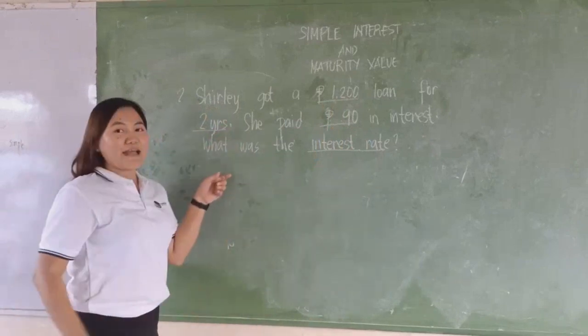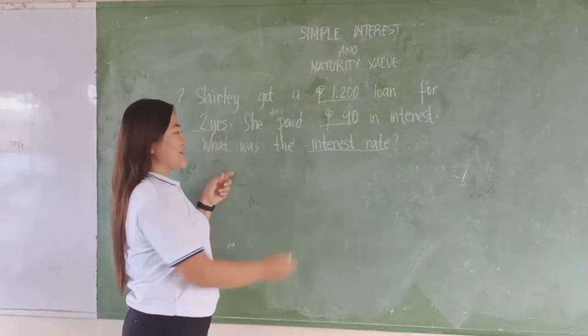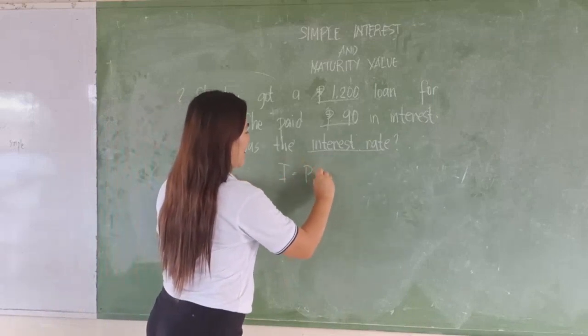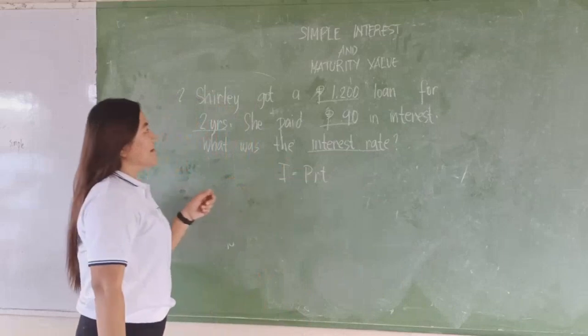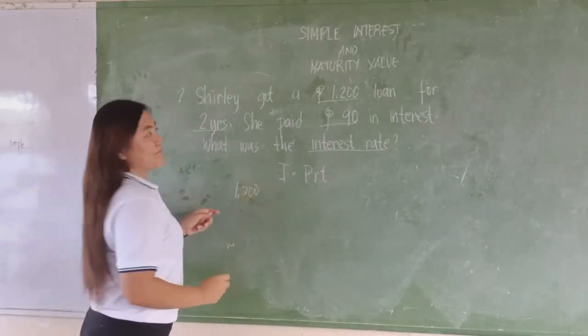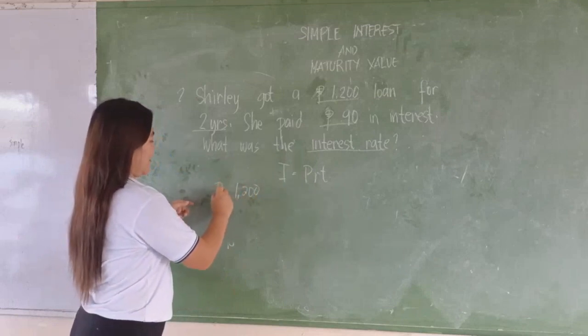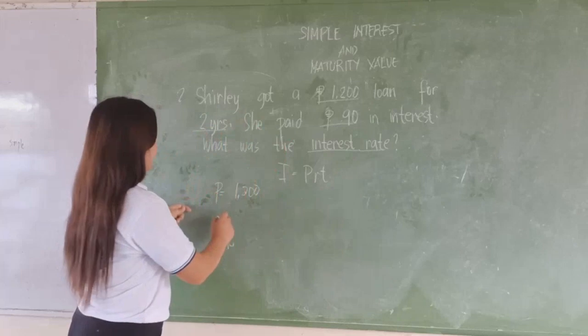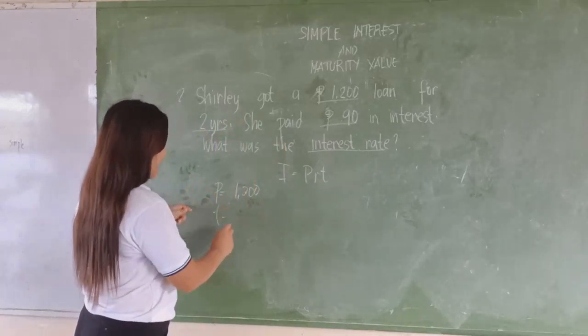So, ang formula natin sa simple interest is I is equal to PRT. So, 1,200, ito yung principal natin. And then, 2 years. So, ito yung time natin.